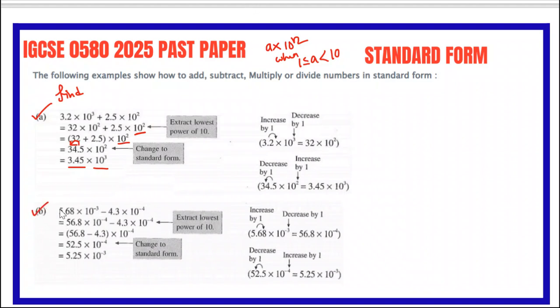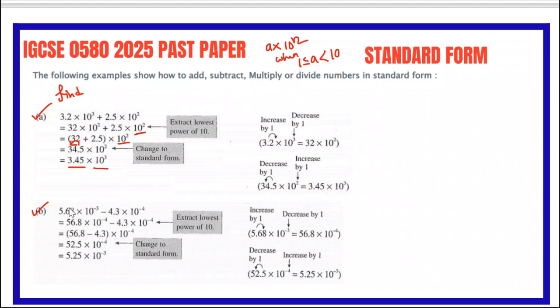Let's start the second question, part B. Find 5.68 times 10 to the power of negative 3 minus 4.3 times 10 to the power of negative 4. For this type of question, before solving, we have to convert to the lowest power of 10. That means 10 to the power of negative 3 we convert to 10 to the power of negative 4.